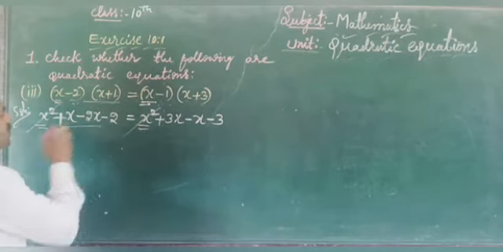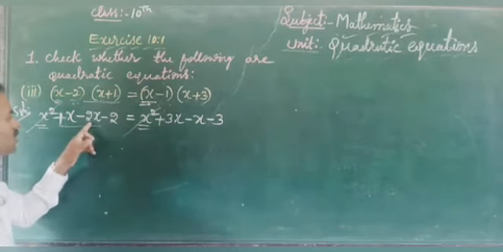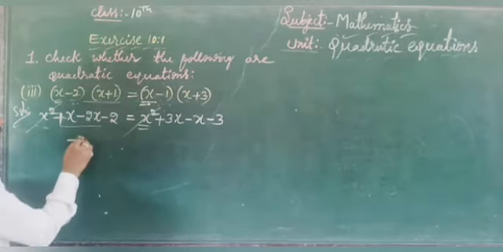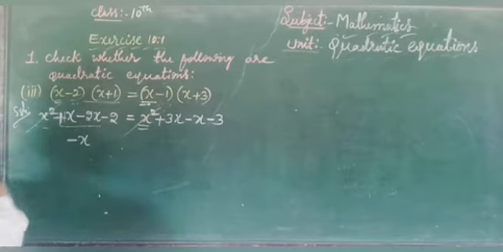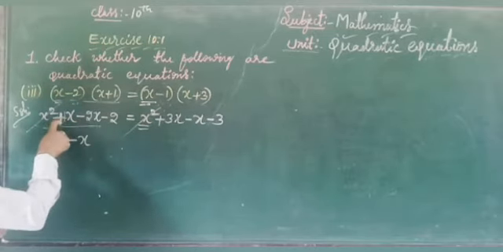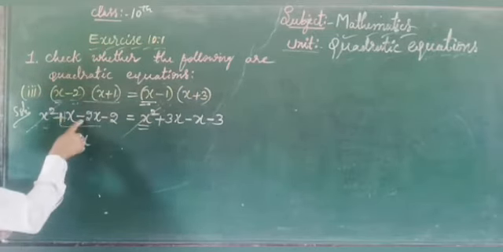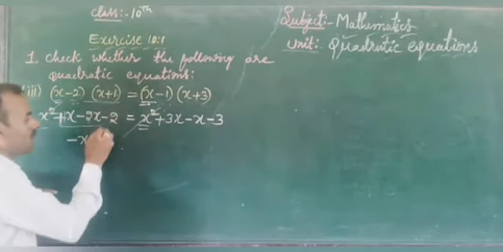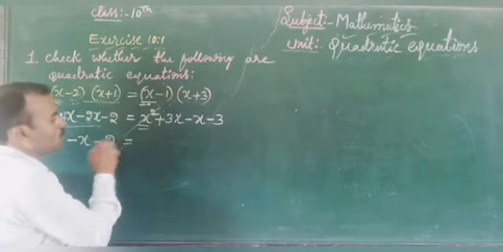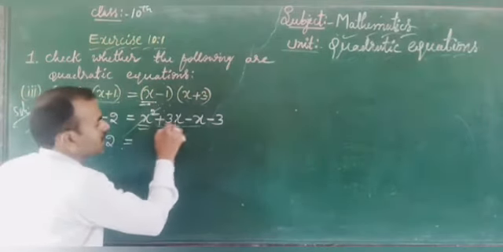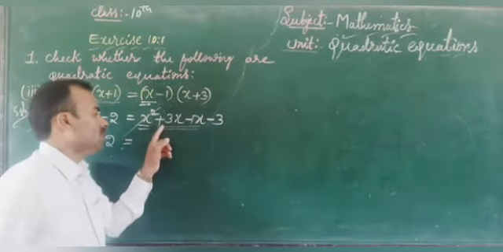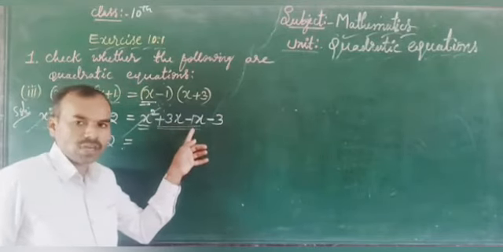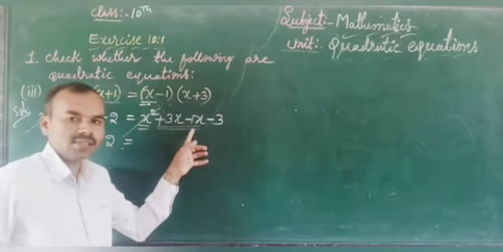Here in the LHS plus x and minus 2x is there, so subtract these two, it becomes minus x. Here the coefficient is 1, so minus 2x plus 1x is minus x because the bigger term has minus. Equal, here minus 2 is there, so write minus 2. Next here plus 3x and minus 1x, the bigger term has plus, so 3x minus 1x is 2x.